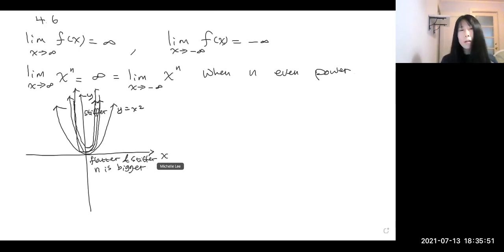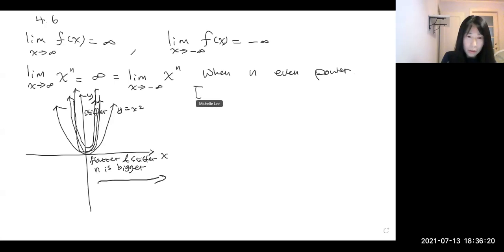Okay, so then let us check the behavior. When x approaches positive infinity, what's x to the 6th power? What's the limit? Infinity, right?